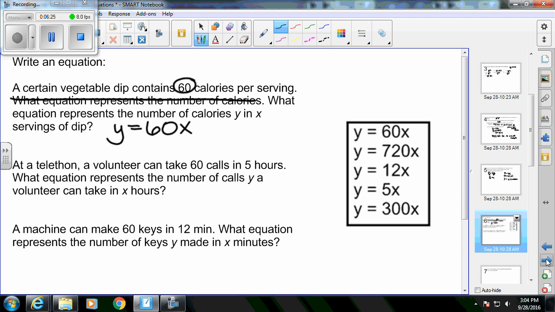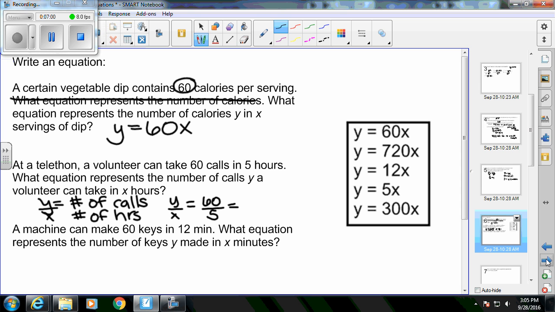For the next one, at a telethon, a volunteer can take 60 calls in 5 hours. What equation represents the number of calls y a volunteer can take in x hours? So let's show a little more work here. y is the number of calls. Let's divide by x, which is the number of hours. The information they've given me is 60 calls in 5 hours.